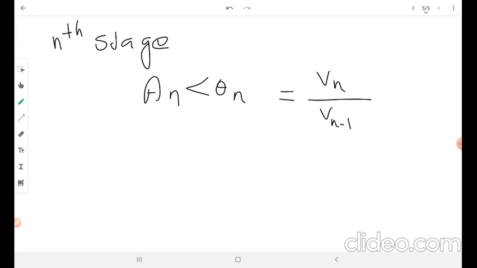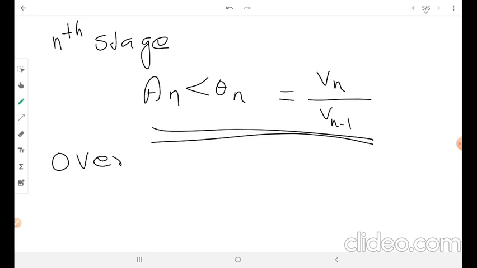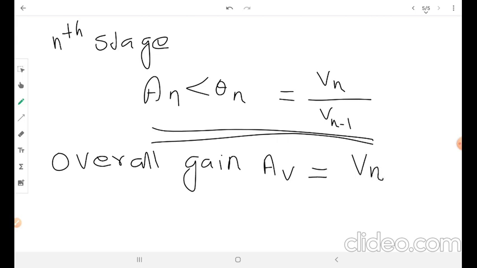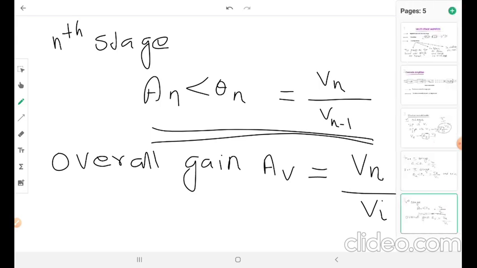From this, the overall gain Av equals the output from the last stage Vn divided by the input to the first stage Vi. This is the overall gain. What is its value?